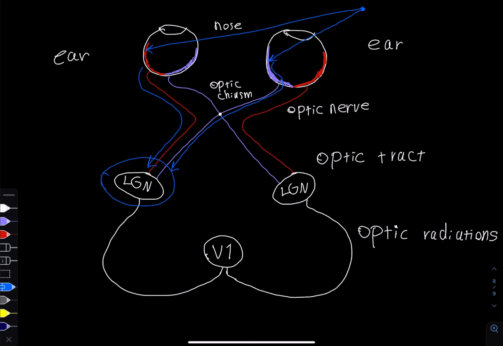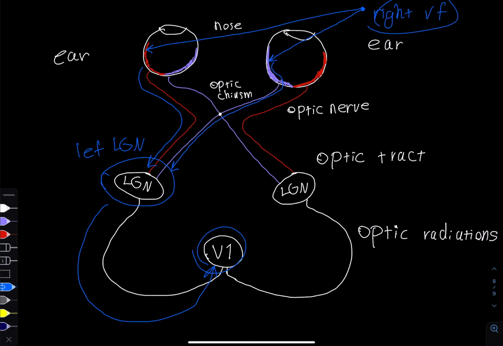So notice how the object is on your right visual field, but it's hitting your left LGN, and later it's going to go to the left side of your primary visual cortex. So things that are on your right visual field are going to be on the left side of the brain, the left hemisphere.